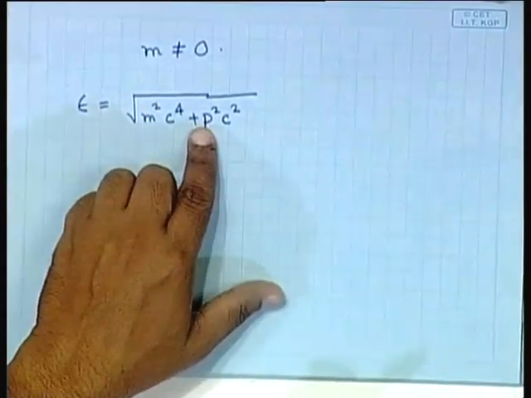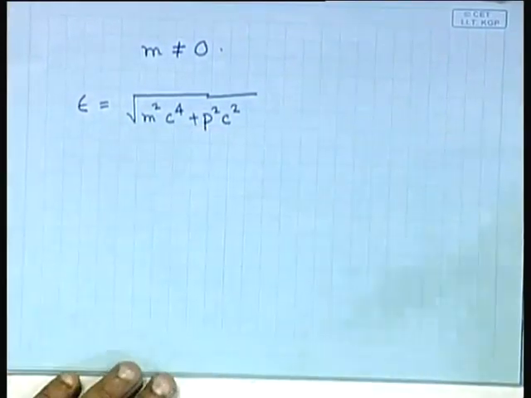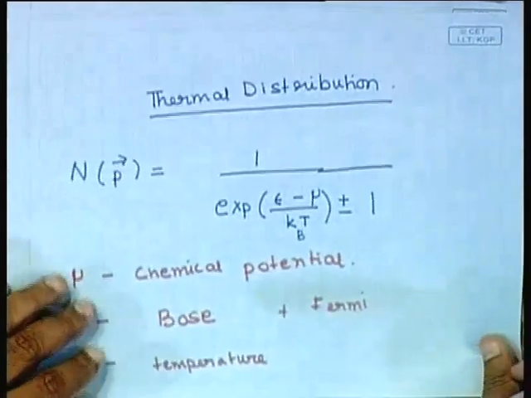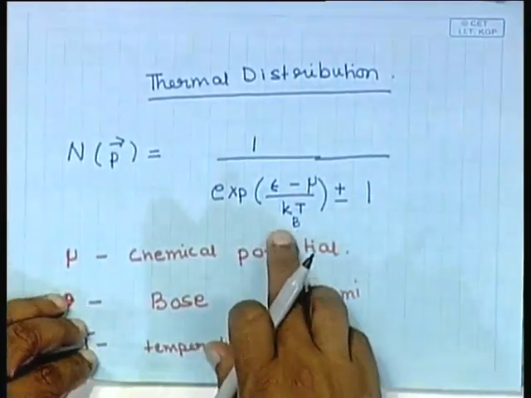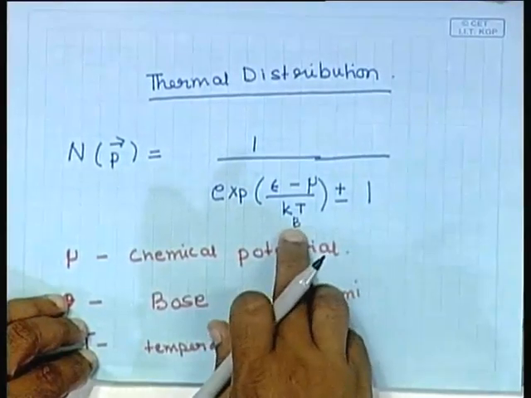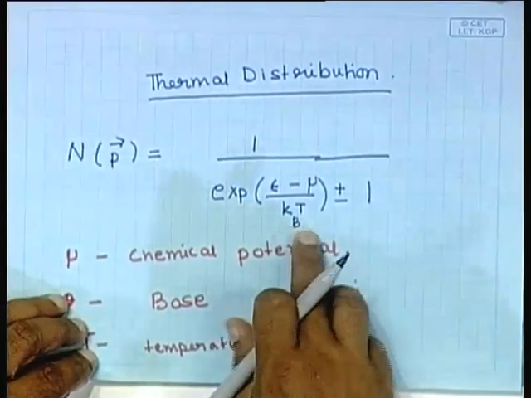Now, the quantity that comes in over here is the energy of the particle divided by kT, the Boltzmann constant into the temperature.